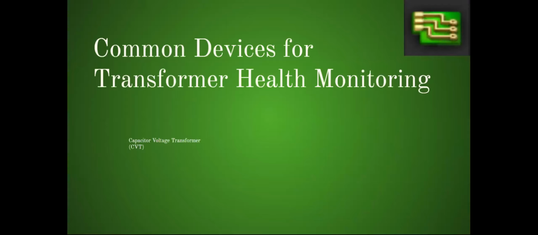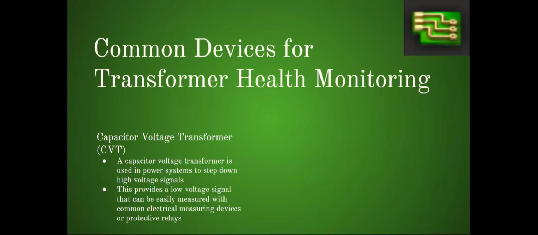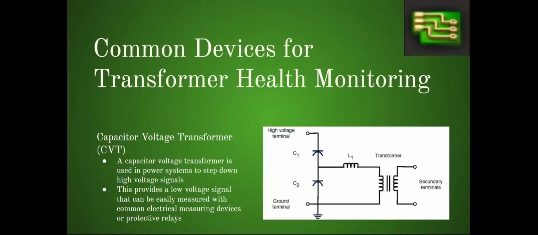And then we're going to go over just a couple common devices. Since we kind of went over all the more technical, deeper sides of monitoring transformers, there are a few much simpler ways that we can watch what's going on in a transformer. And one of those is a capacitor voltage transformer. Basically we attach it to the high voltage terminal of the transformer, then also to ground.